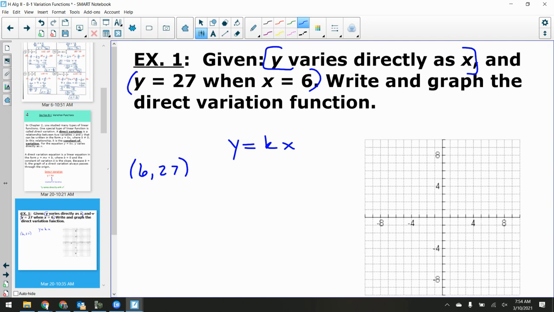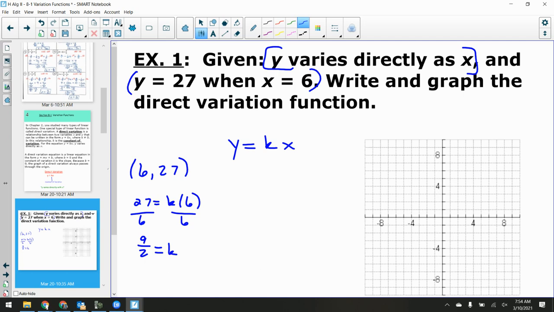So what I can do here is solve for my k value. If y is 27 when x is 6, I know that equation is true. So I just divide by 6 over to the other side. So we would take out a common factor of 3. That's 9 halves is k.